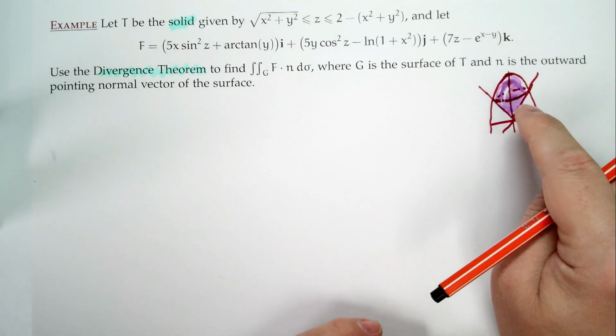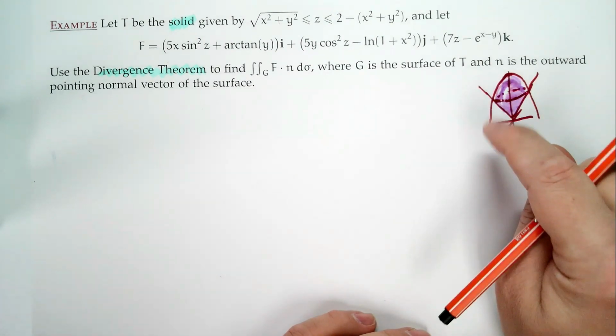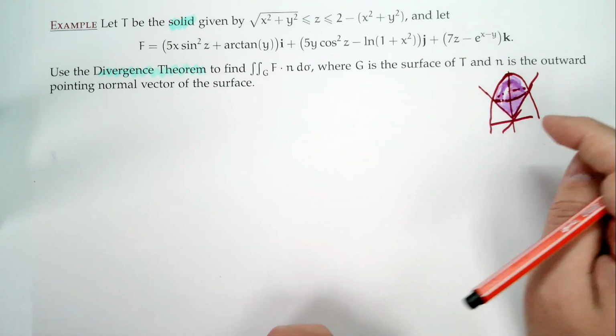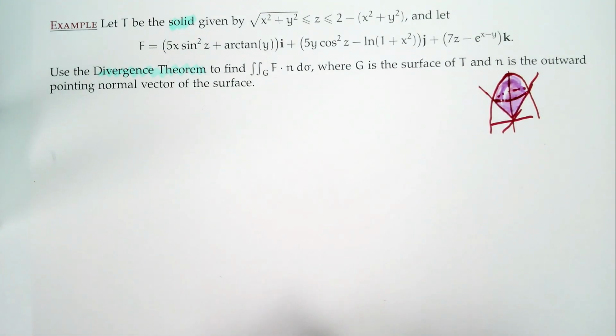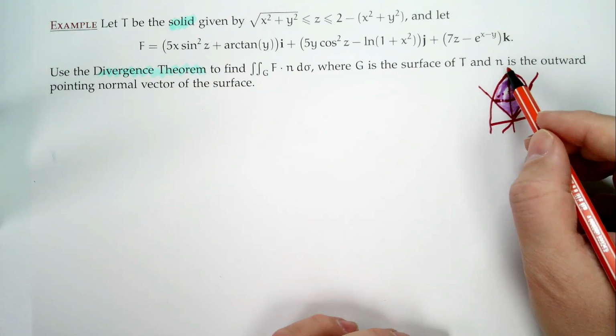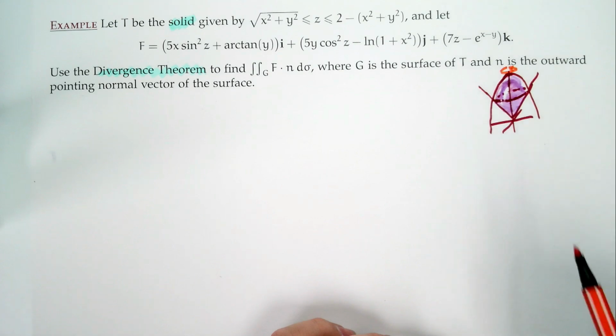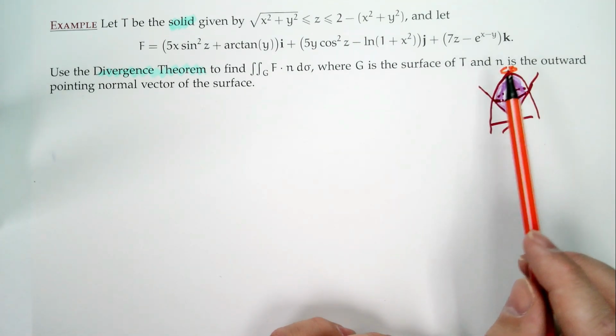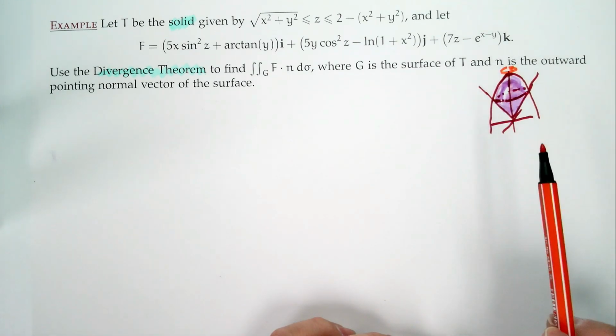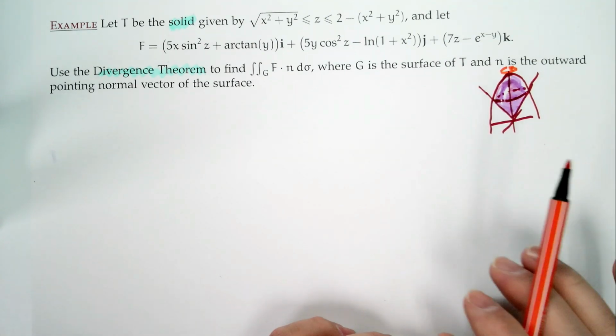The thing is that the top is not a sphere. And if it's not a sphere, generally speaking, spherical coordinates do not work very well. But you'll notice that there's a couple things here. One, there's a lot of rotational symmetry. And whenever you have something with a lot of rotational symmetry, we should think cylindrical coordinates.